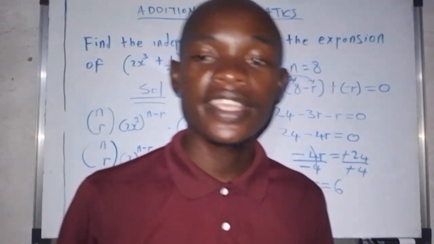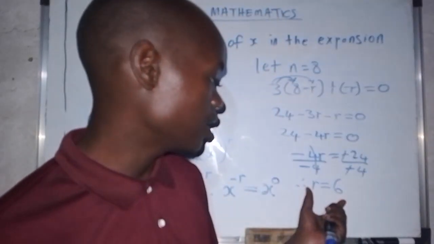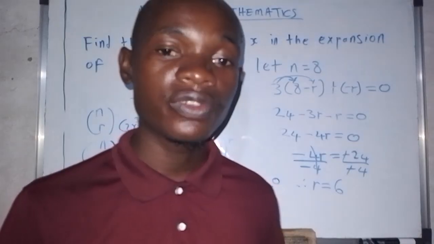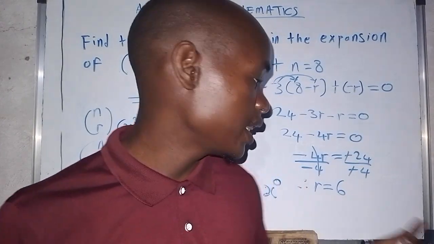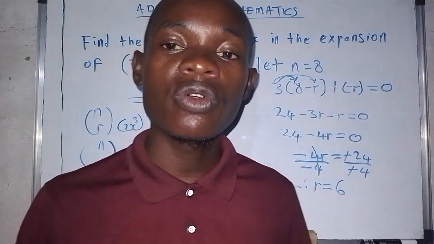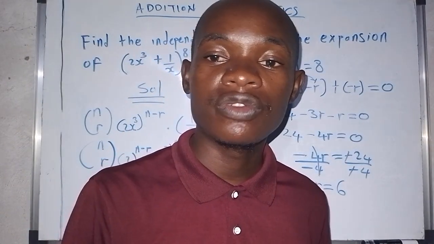Now, the question says we should find the independent term of x. It is not asking for the value of r or the value of k, whatever it may be. But this value of r is now going to help us find the independent term of x.